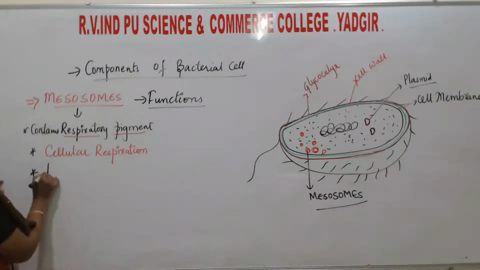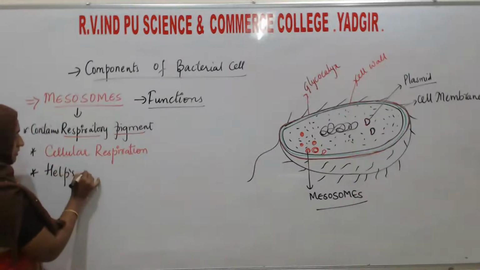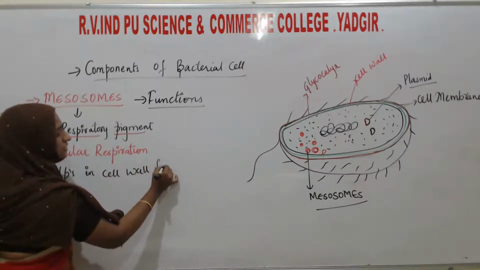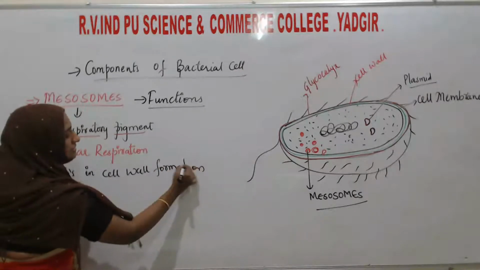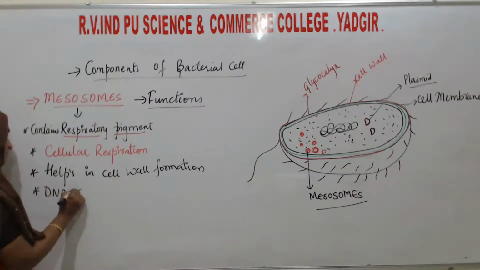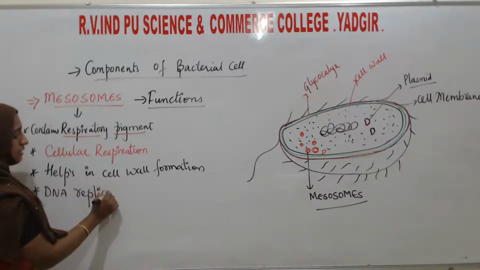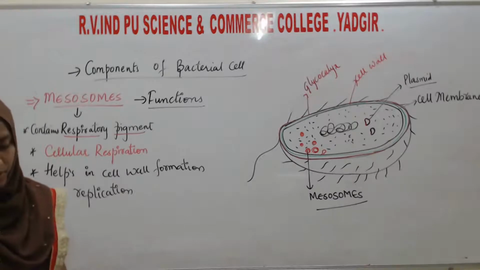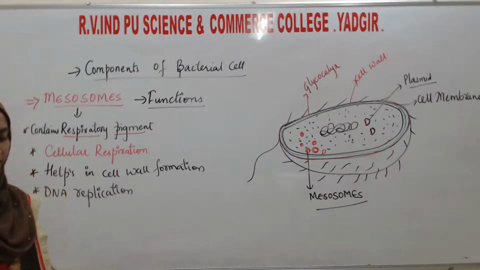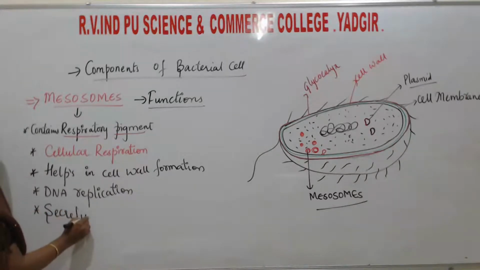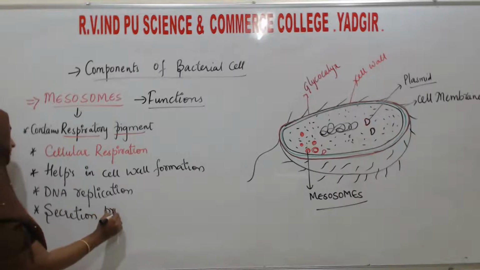Help in cell wall formation. This is another function of mesosome. Except cell wall formation, they are also meant for DNA replication, and they are also meant for the respiration and secretion process.